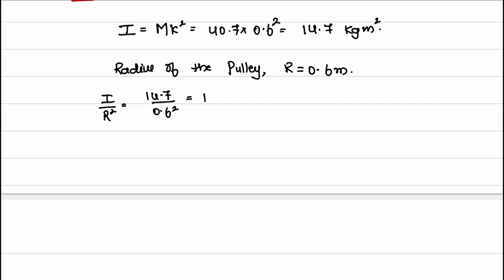That is about 14.7. No, it is 40.7. 40.7 kg. I by R square is kg.